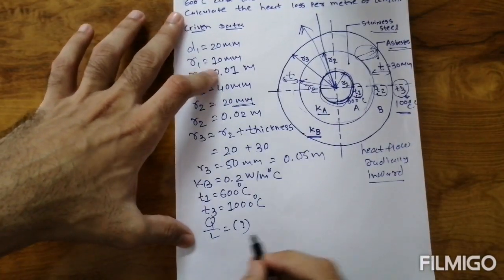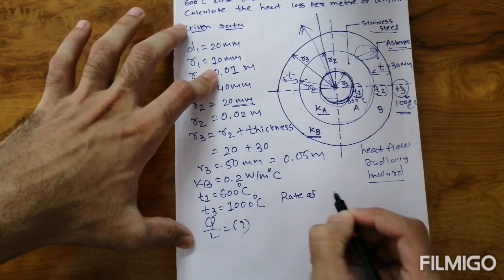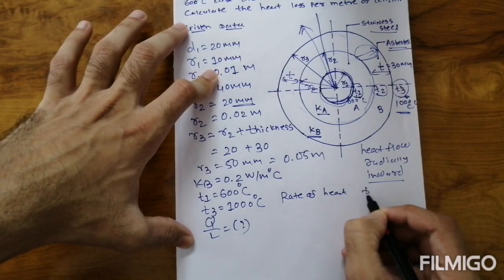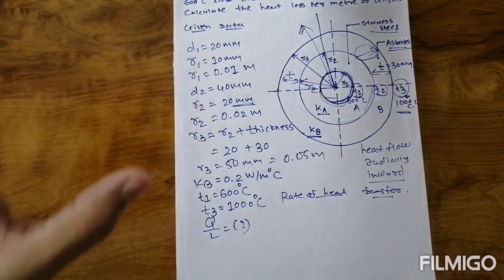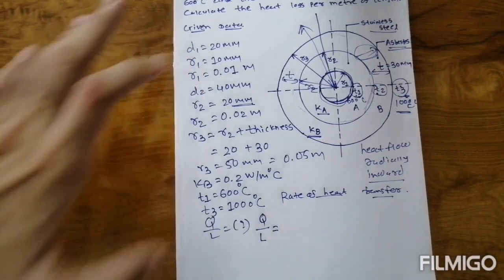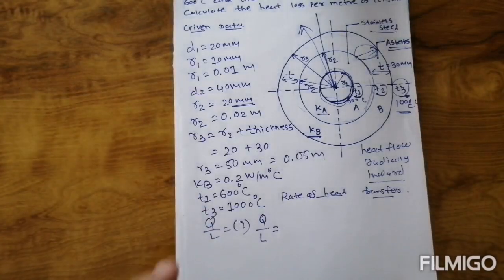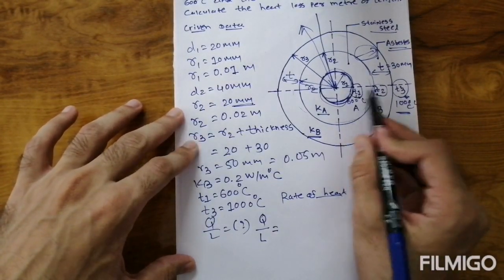So first of all, we consider the rate of heat transfer. Q by L is equal to, first the individual layers will be considered. Individual means heat is transferred from T1 to T2, by the stainless steel. So first the rate of heat transfer for the stainless steel will be considered.